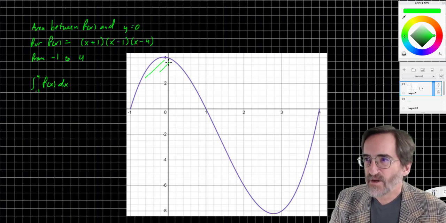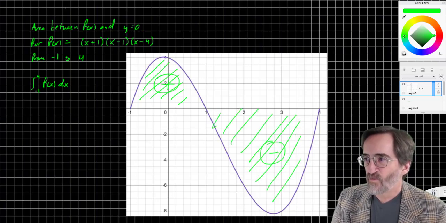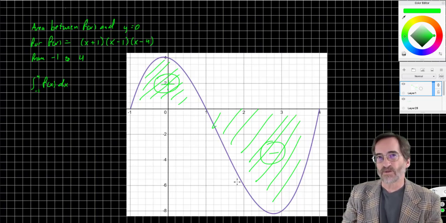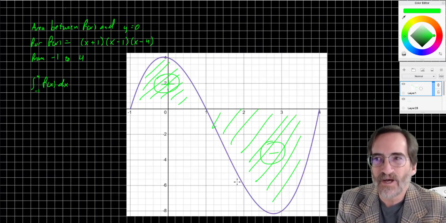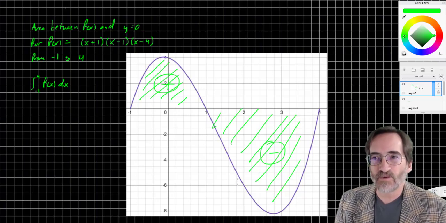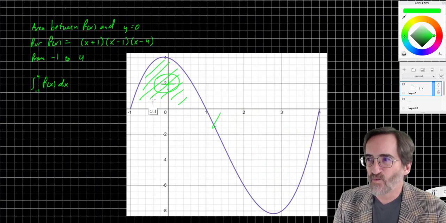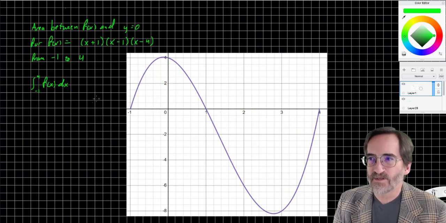This is going to come out as a positive area, and this is going to come out as a negative area. And what I will get is the difference between the two, but the question is not asking that. What it's asking is, what is the total area between the curve and the axis? And so it's important to recognize where it dips below the x-axis. And we're going to divide this into two regions.